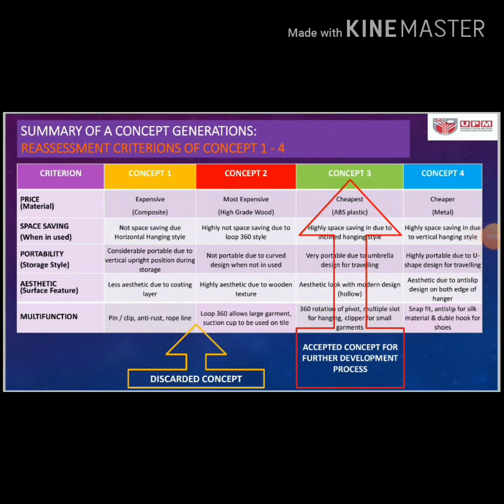Okay, towards the end, what can I say? The outcome of the morph matrix is that it enables you to come up with different conceptual designs. In this case, we have concepts 1, 2, 3, and 4, and these concepts come out with different ideas, or perhaps combine the same ideas from other concepts.